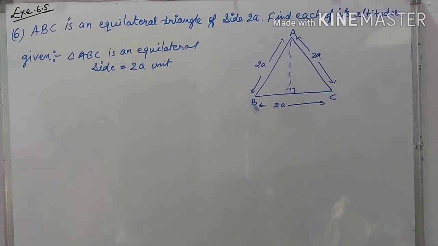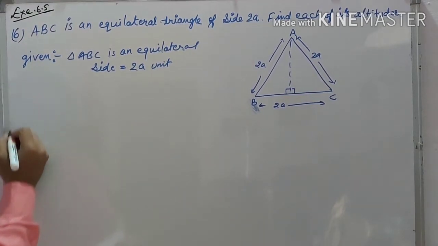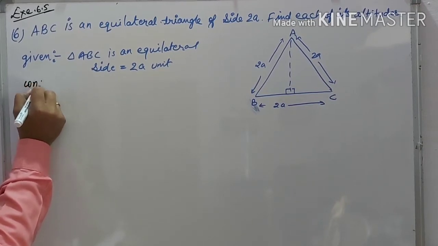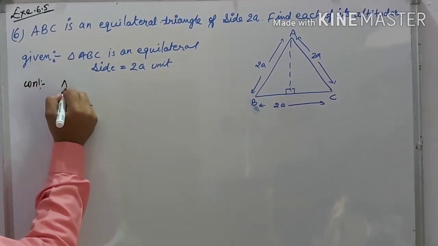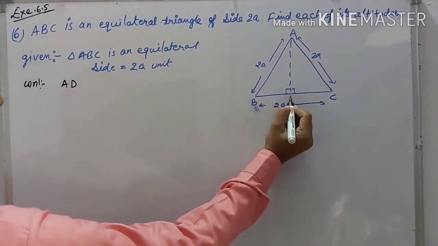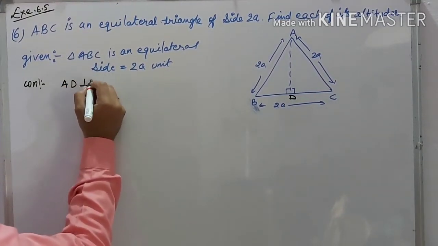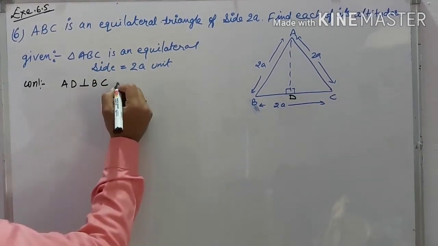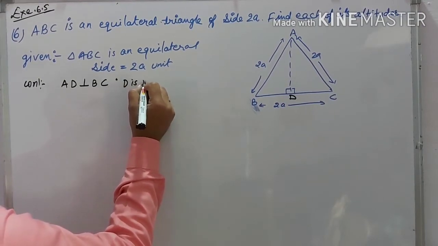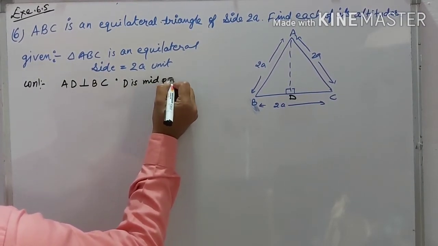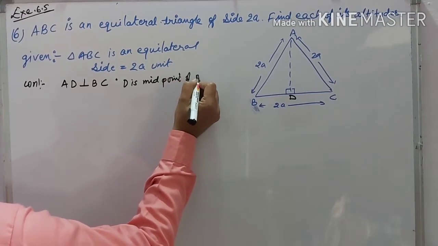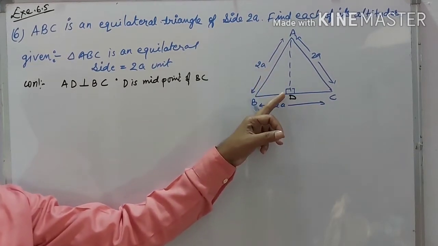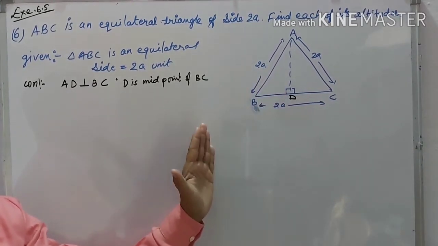In the construction you write AD perpendicular to BC, and D is the midpoint of BC, because in an equilateral triangle the median and the perpendicular are the same.